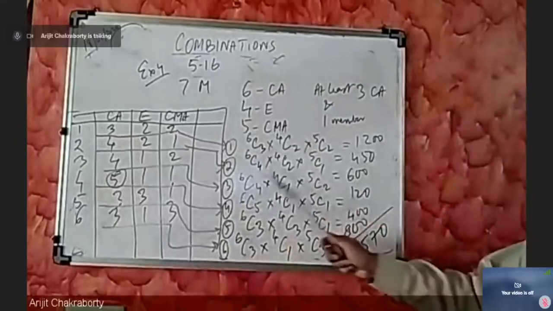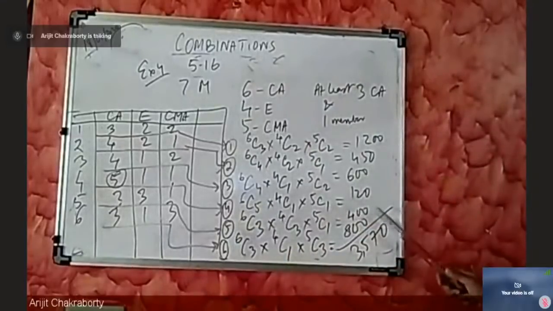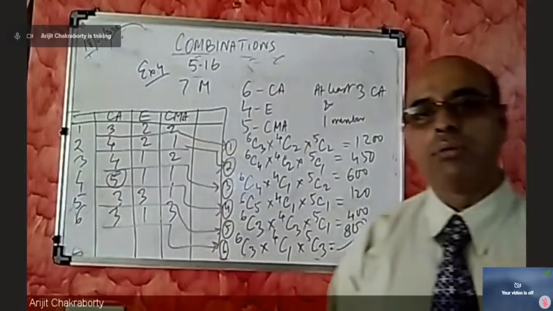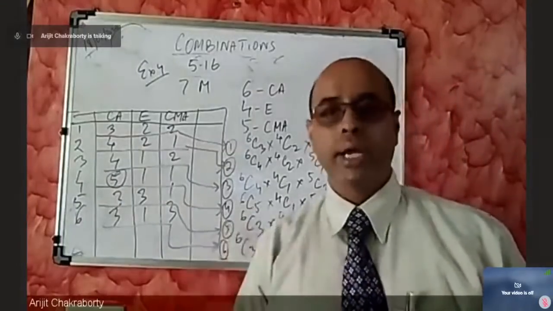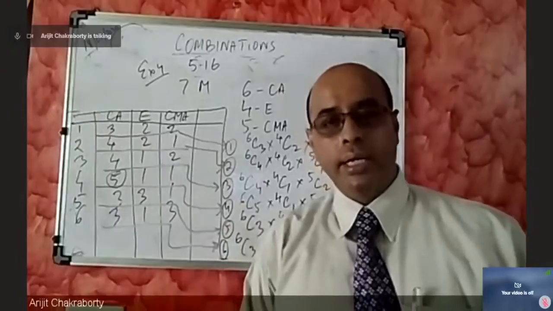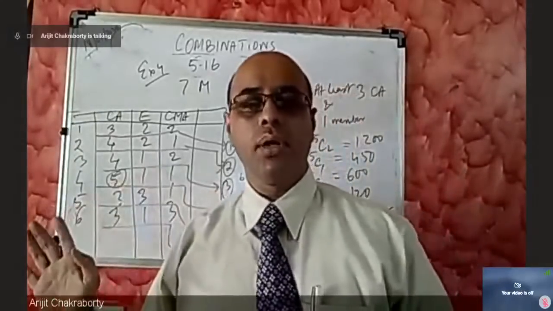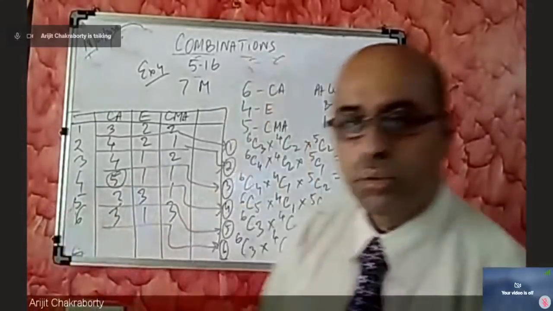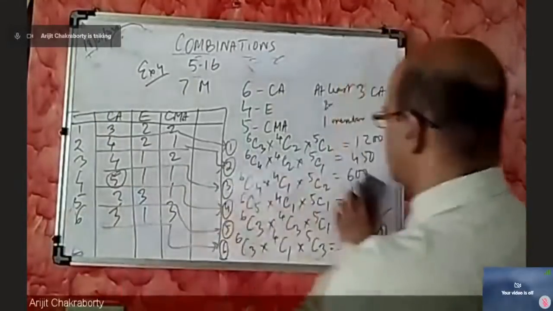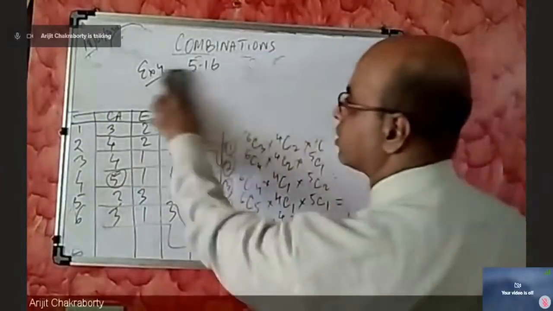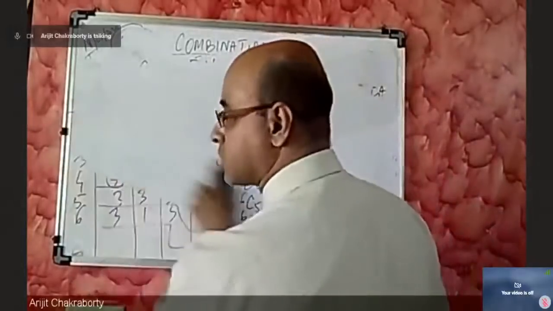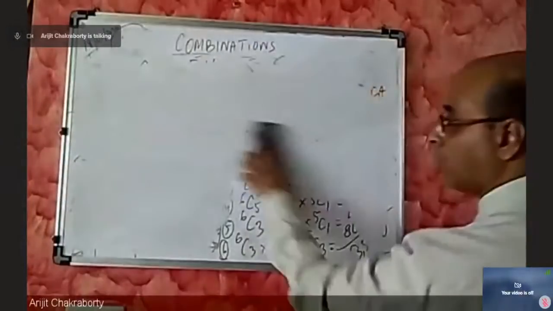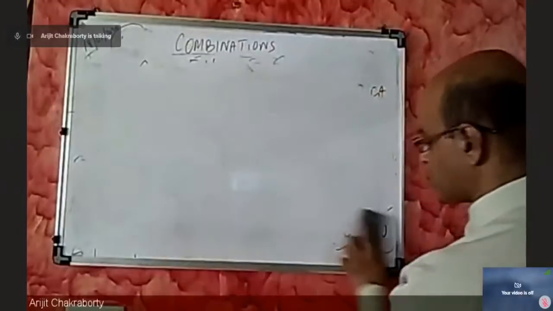We wrote down all possible combinations and added them up to get the total number of combinations possible. This is a classic example of combination. Now we will see 2 small properties of combination. Please note the next 2 examples of the properties of combinations.